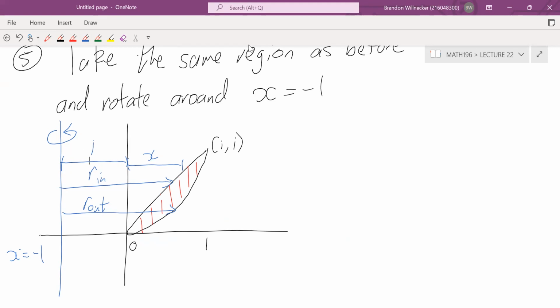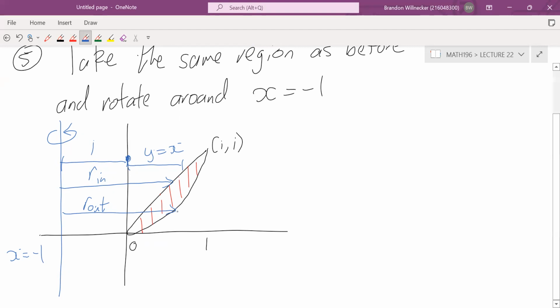So that gives us this radius there. Now remember, this is y equals x. So at this point here, y equals x, so we can write this distance as y as well.